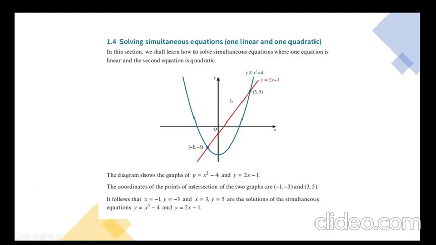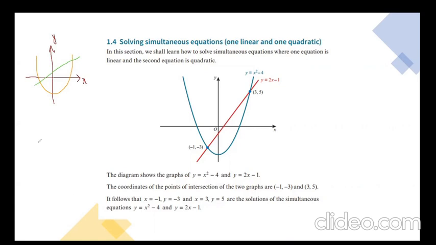For example, in this case, this is my coordinate axis. This is my x-axis and this is my y-axis. There is a parabolic curve that meets a line at 2 points.